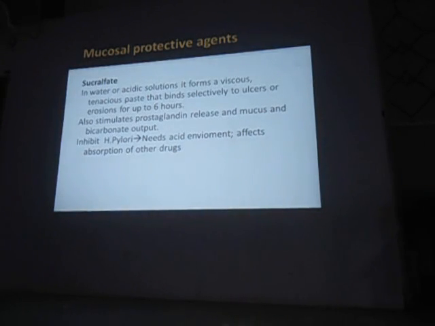They cover the ulcer layers for at least 6 hours once used, and they can cause release of prostaglandin, and once prostaglandin is released, prostaglandin mediated vasodilation, more and more mucus production, all these things can be there. They can also inhibit H. pylori action by blocking the ulcer surface.